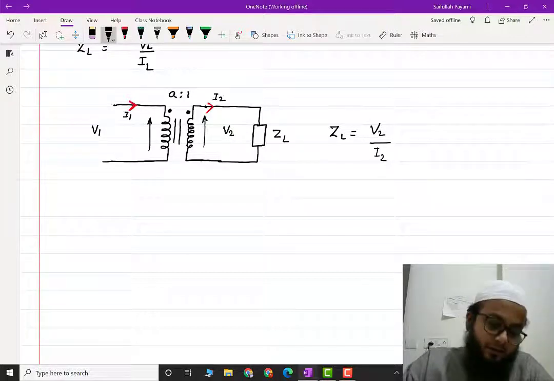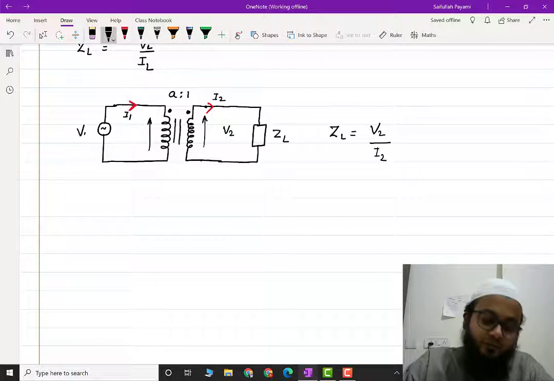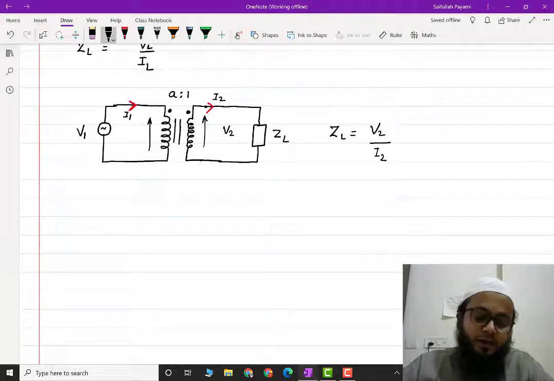Now let's say the primary has been energized by an AC source whose magnitude is V1. Though there is no load connected at the primary side, since we have connected the load at the secondary side, this load is actually compelling the source to provide the equivalent amount of current from the primary side.